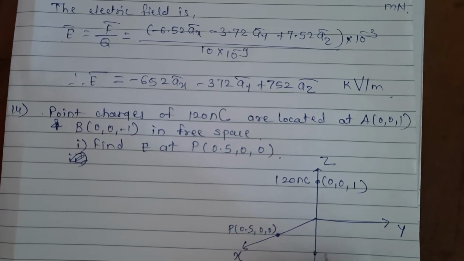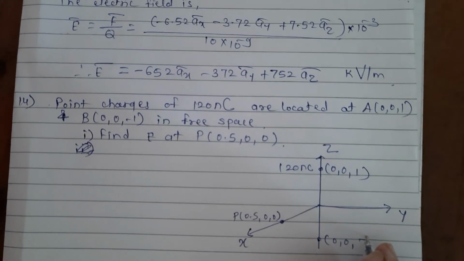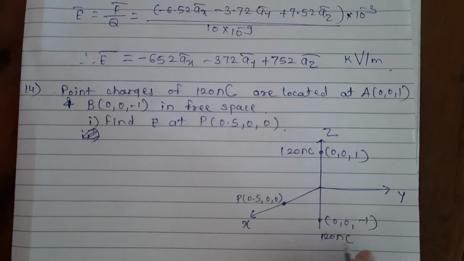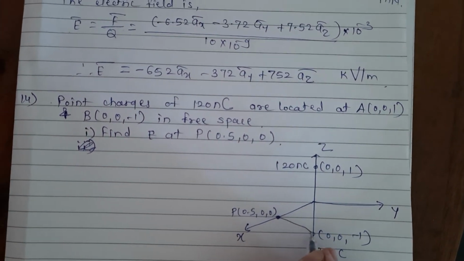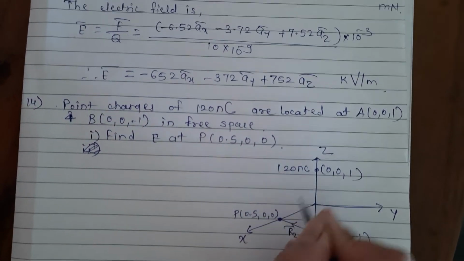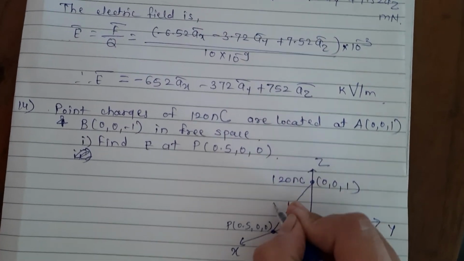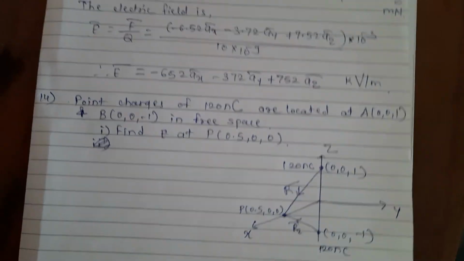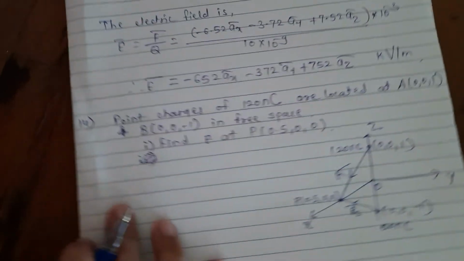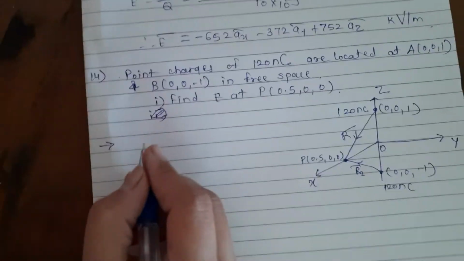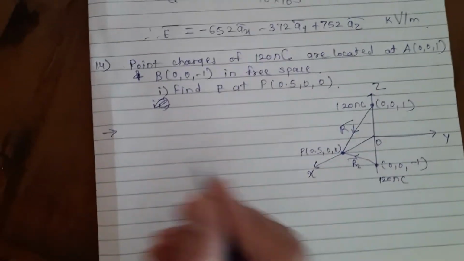This point is 0 0 minus 1. It is also 120 nanocoulomb. So this is vector R2 bar. This is vector R1 bar, point of origin. Now we have to refer this figure. So first we find the required vectors and the unit vectors.